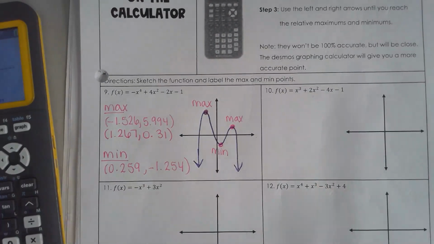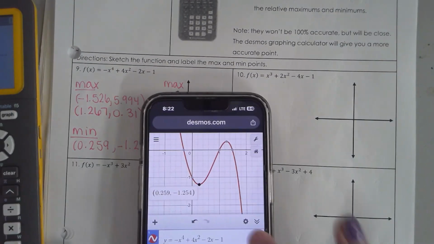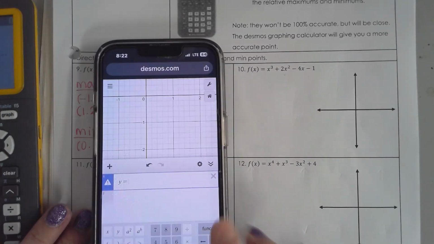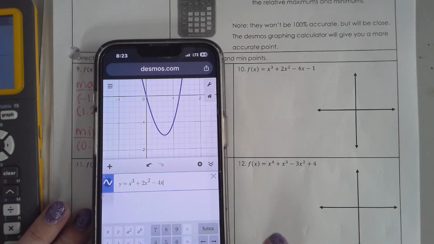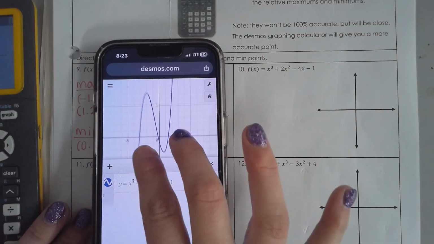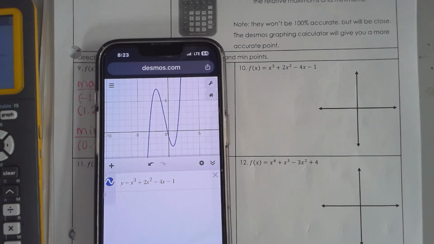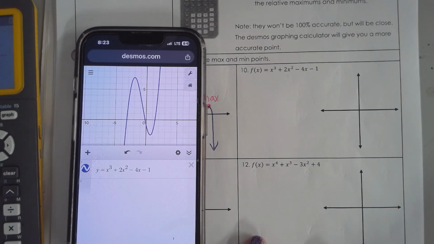All right, let's do number 10 together, and then I'll let you do 11 and 12 on your Chromebooks. All right, so y equals x cubed plus 2x squared minus 4x minus 1. I will say zooming in and scrolling around on the graph is easier to do on your phone than on your Chromebook. So I'm just going to sketch it out.